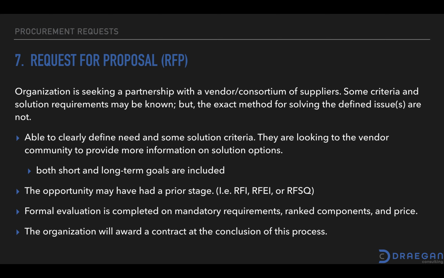One important thing to note about the RFP process is that the RFP document itself, the request that goes out to the vendor community, as well as the successful respondent's response package, become part of the contract agreement. So the details on what you were asking for, as well as the details on what they said they were able to provide and for how much, all become part of the contract.